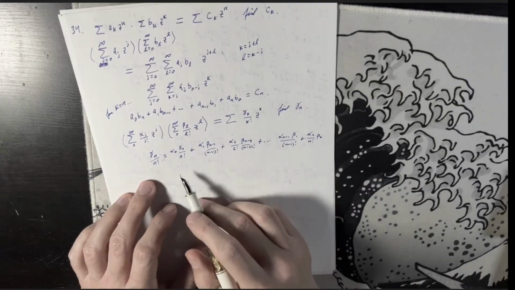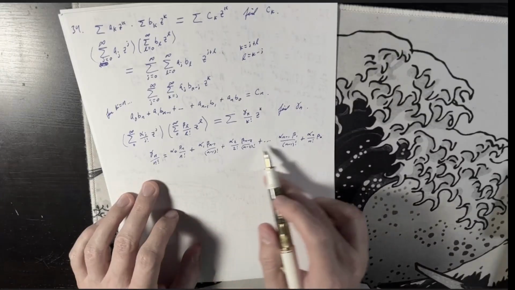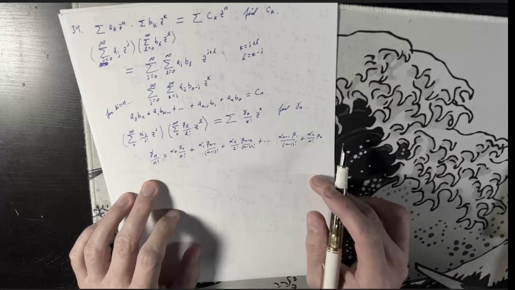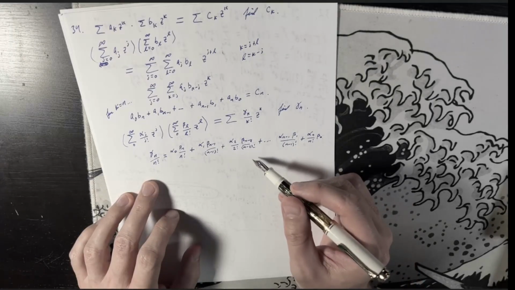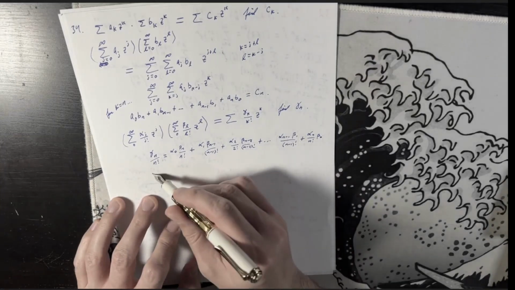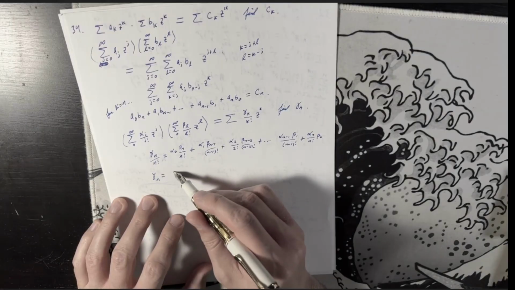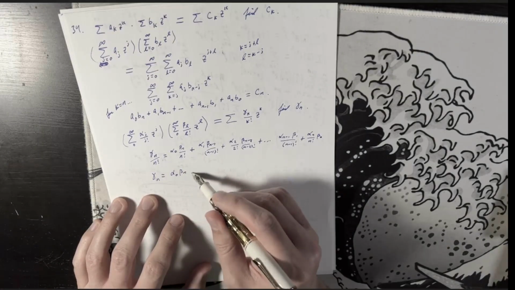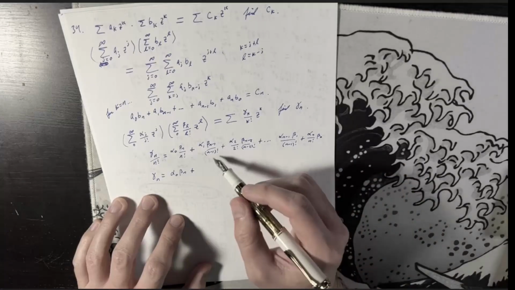And then if you multiply by n factorial, you're getting a bunch of combinations.